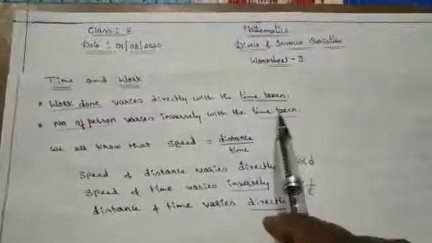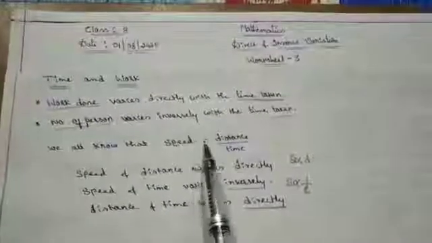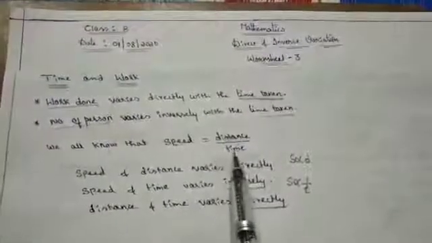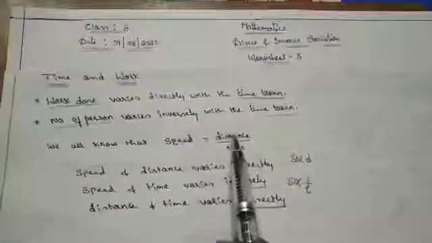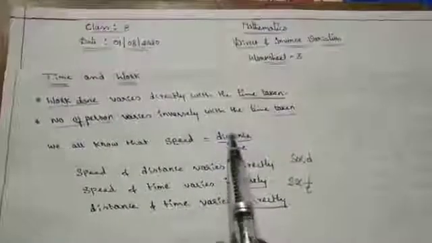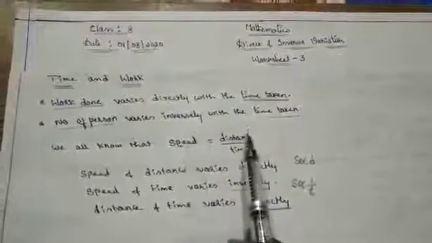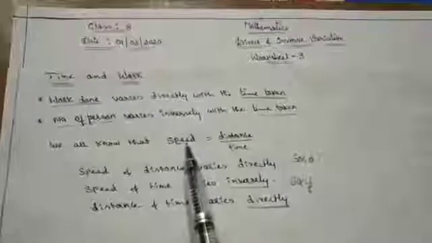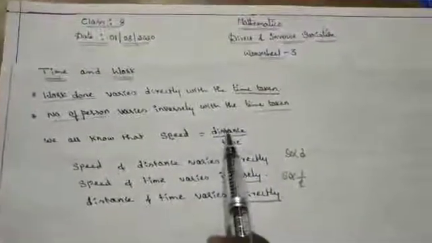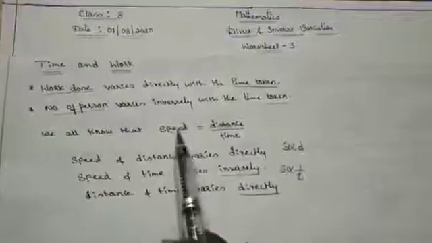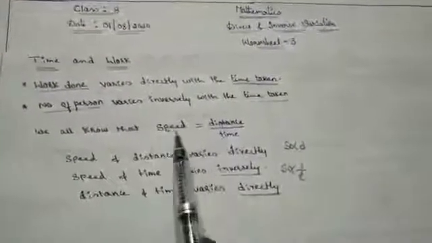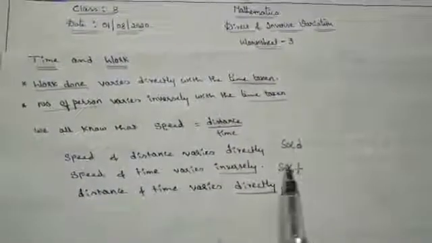We also recalled regarding the speed. Speed is equal to distance by time. Speed is directly proportional to the distance. If the speed increases, distance increases. If the speed decreases, distance decreases. And the relation between speed and time, they are inversely proportional.